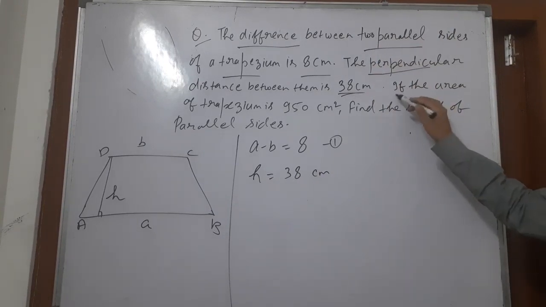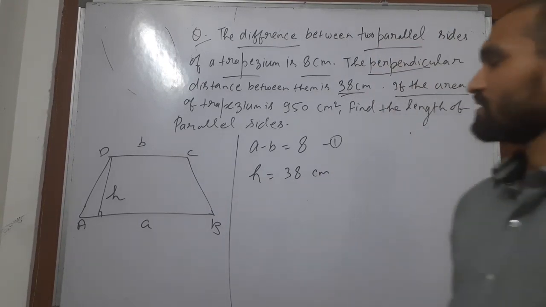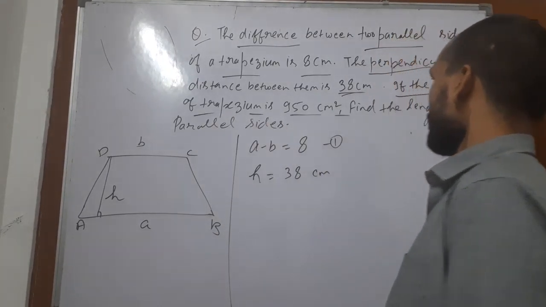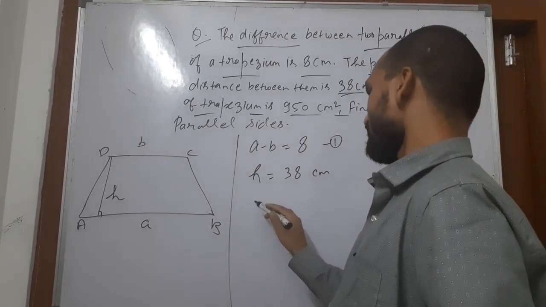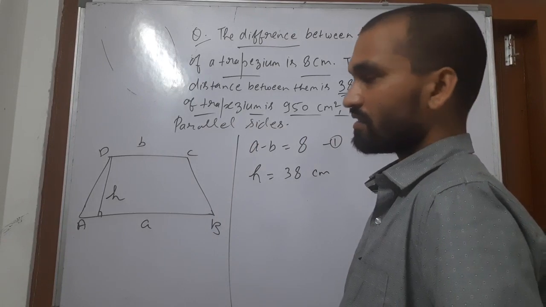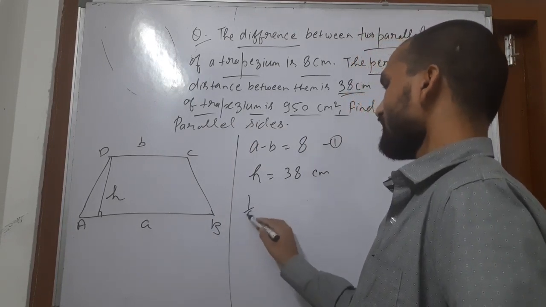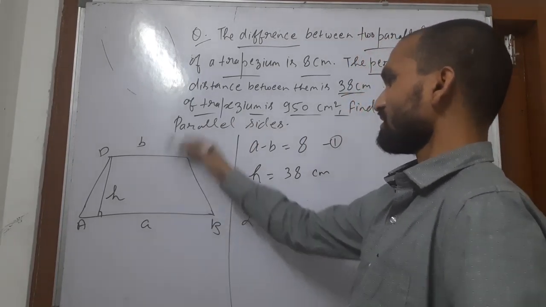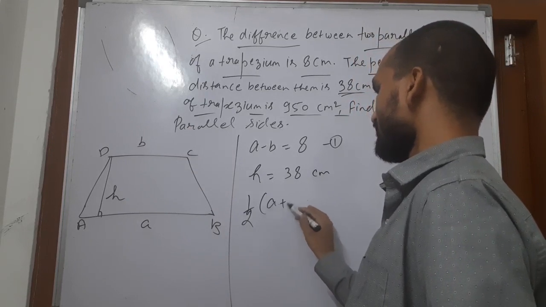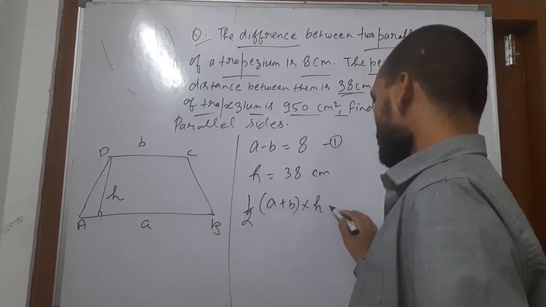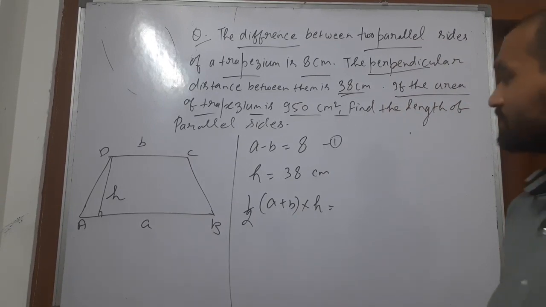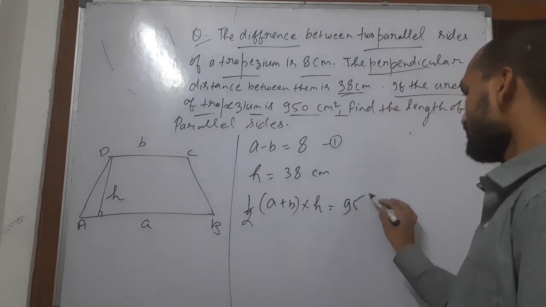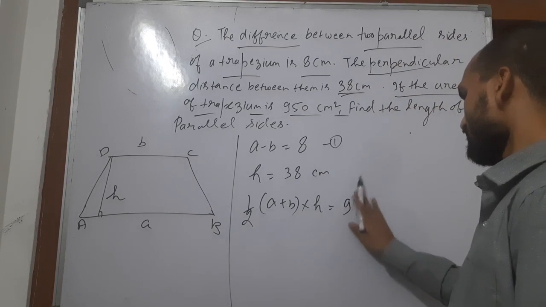After that, it is given that the area of trapezium is 950 centimeter square, find the length of parallel sides. As we know that area of trapezium is 1 by 2 sum of parallel sides into height, that is 1/2 (a plus b) into height. This is the area and its value is given as 950 centimeter square.